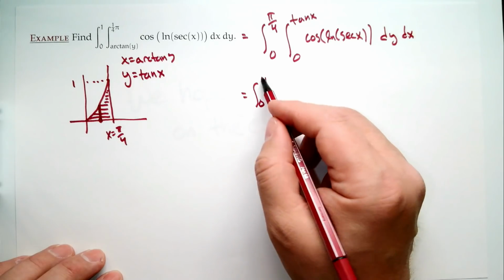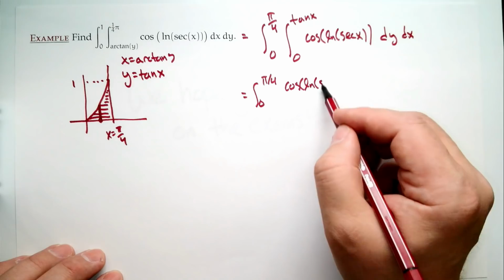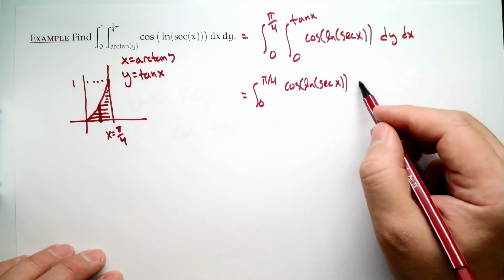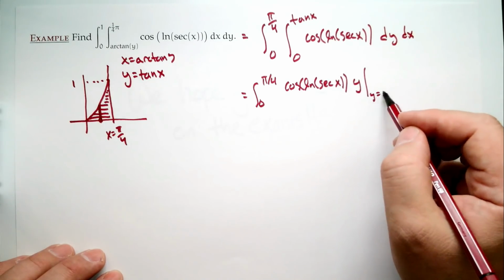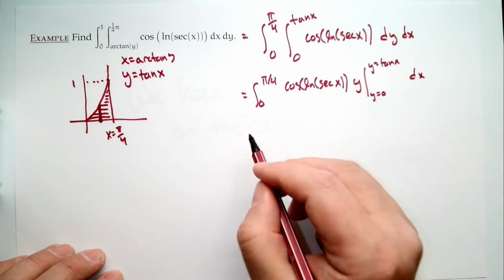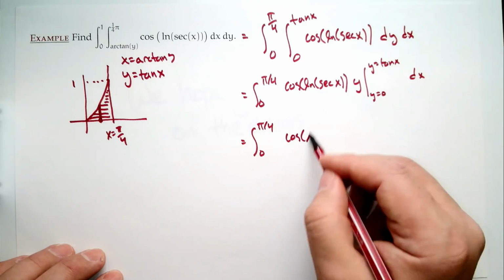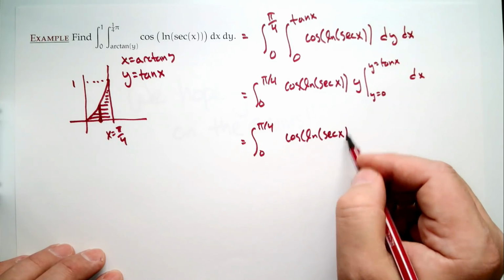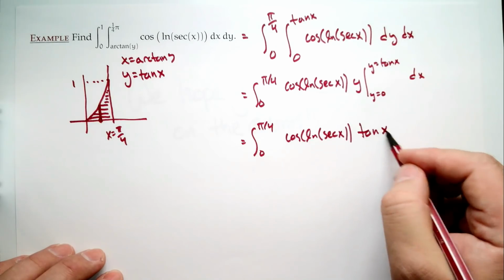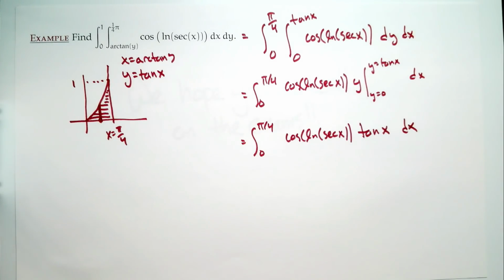So that's 0 to pi fourths, and cosine log secant x times y, evaluate y equals 0 to y equals tangent of x. And if we evaluate, we'll get cosine log secant of x times tangent of x. Notice 0 gets 0.